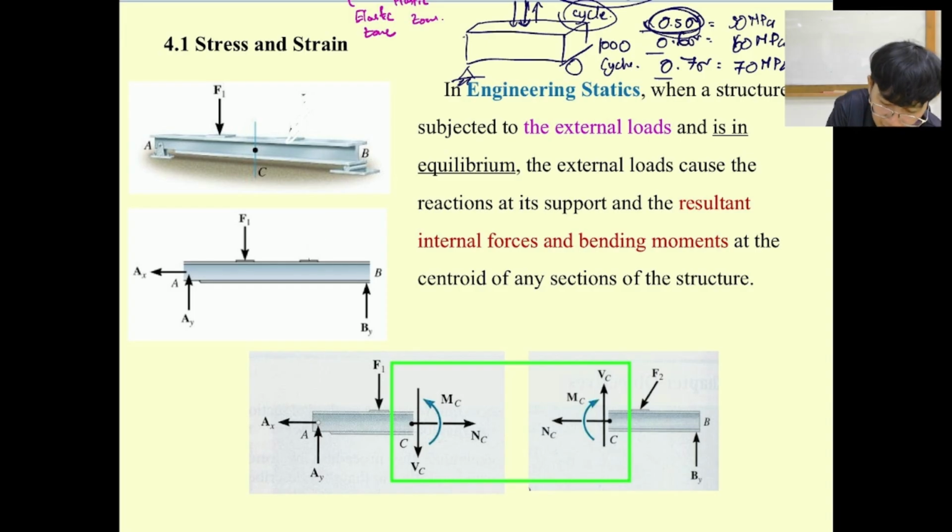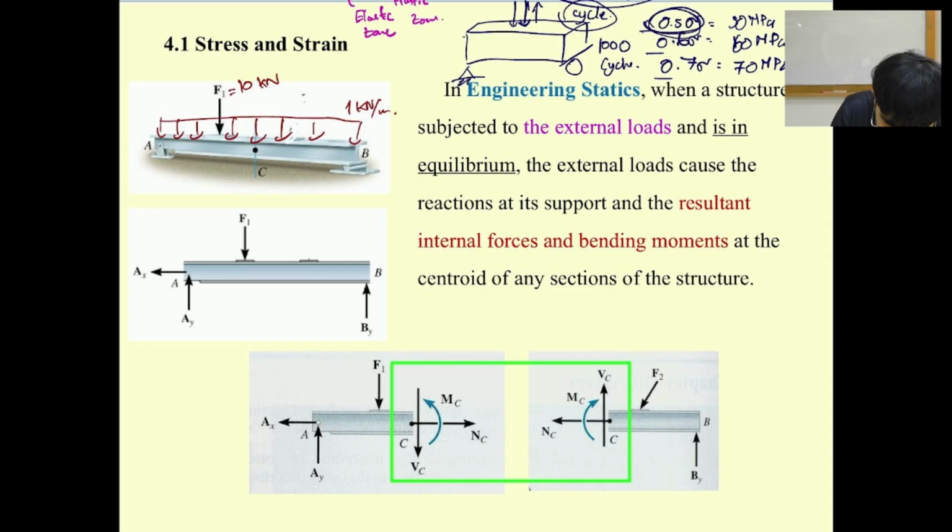Okay, and then for example, if I put something we call dead load, do you know what dead load is? Dead load is equal to, let's say this one is 10 kilonewton and this one is 1 kilonewton per meter.